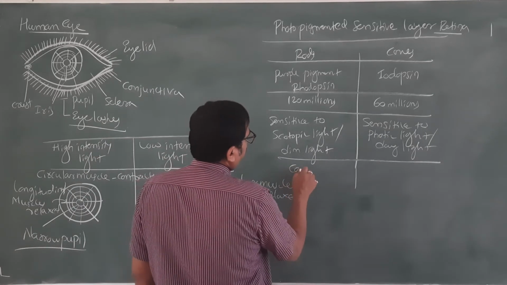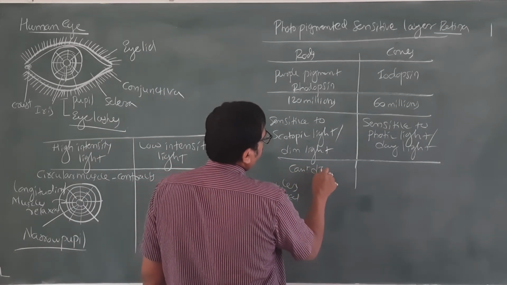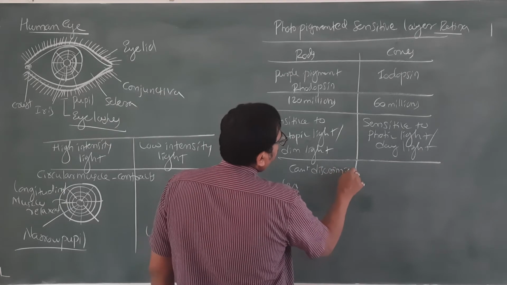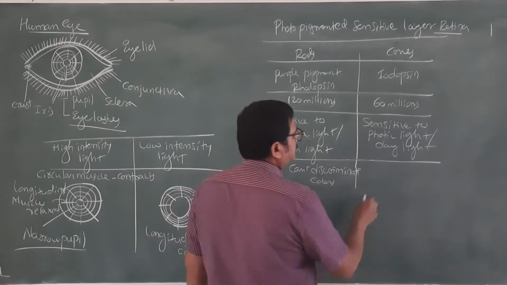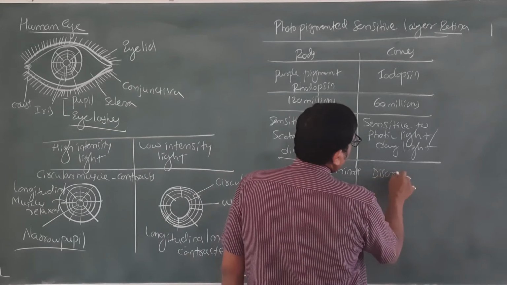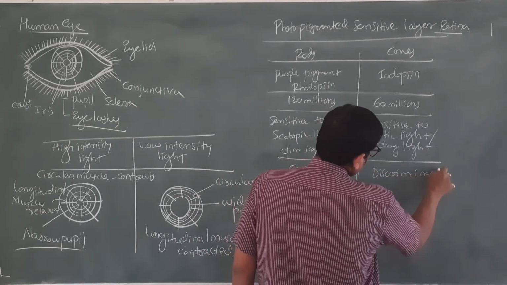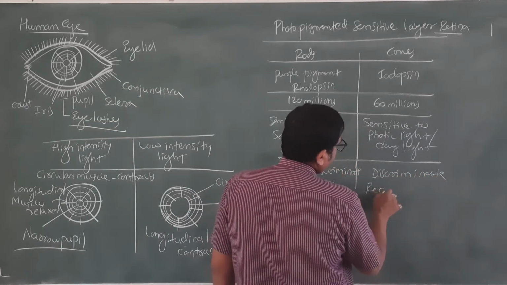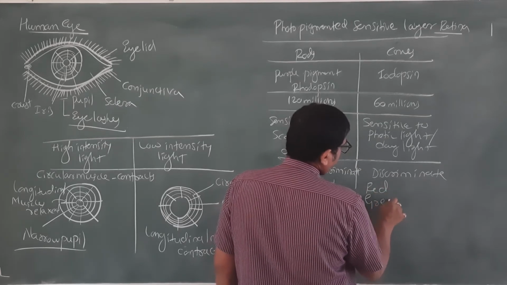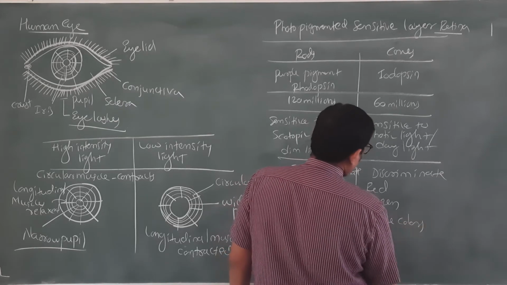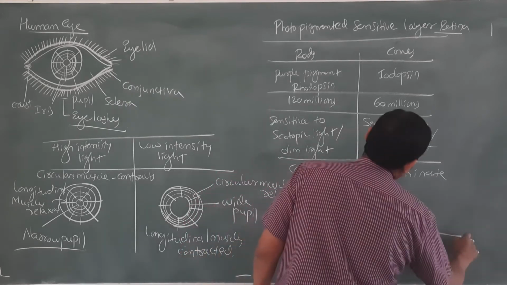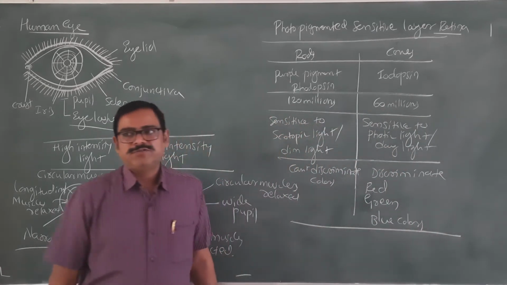Rods can't discriminate colors, whereas cones discriminate mainly red, green and blue color. So these are a few basic differences between rods and cones.